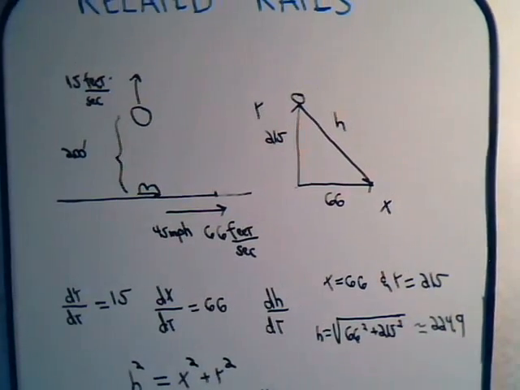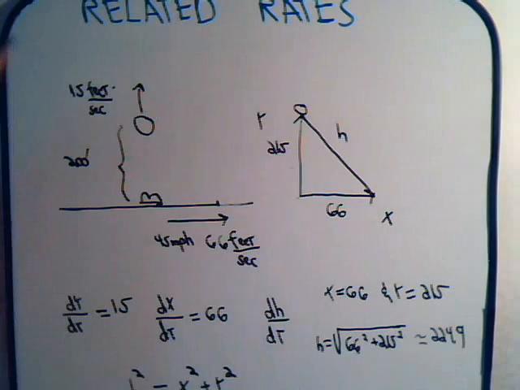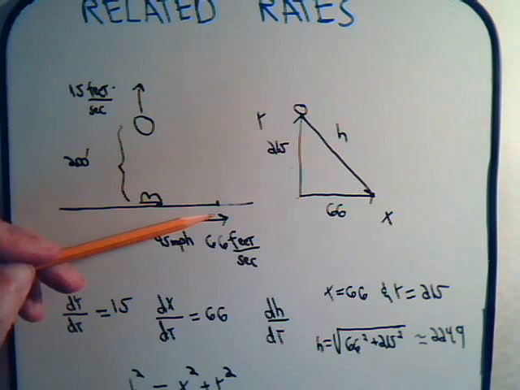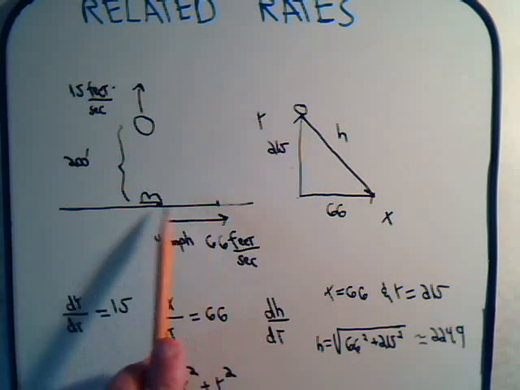So let's just take it from the beginning again. The way the problem was set up, stating that the balloon is 200 feet off the ground, there's a car directly beneath it. We know what the car is traveling at, 66 feet per second. We know how fast the balloon is rising, 15 feet per second. So 1 second later, we know what this distance is.